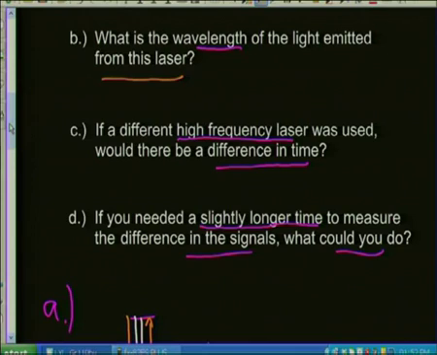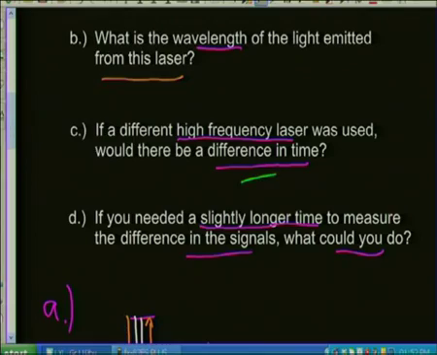Okay, so guys, I hope you can start to see that there is a very important relationship here, that you can take note of it and that you can manipulate it. Let's move on to question C, which was really quite interesting, and says, if a different high frequency laser was used, would there be a difference in time?